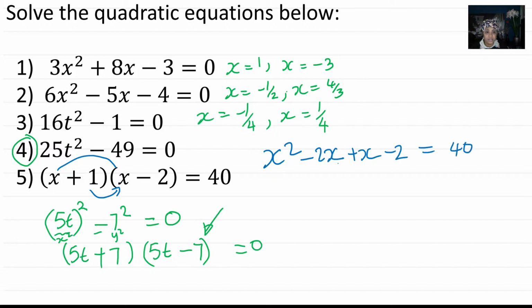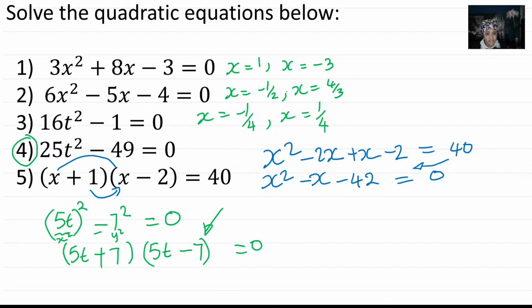Okay, we're going to collect these like terms. X squared minus 2x plus x, that's going to be minus x. And then minus 2, we need to subtract 40. Remember, we need to have a 0. So that needs to be a negative 40 on this side. Negative 2 and negative 40 is negative 42. And now we got equal to 0.